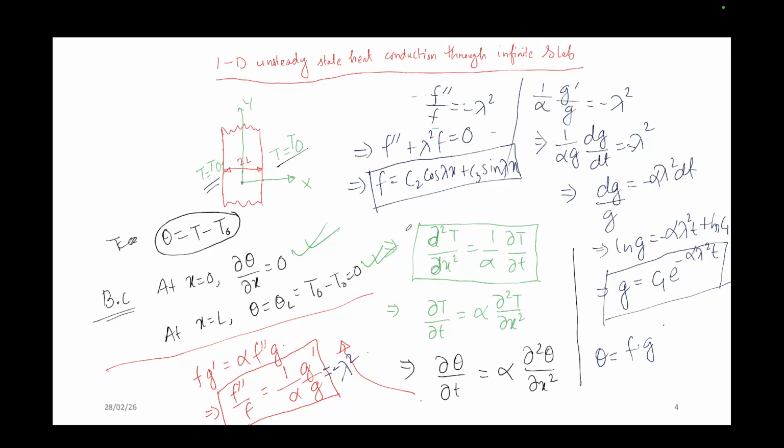So you can easily get this value, and the equation can be written as c3 sin lambda x. Also a few more boundary conditions can be provided in a given question. Based on this you can put g, which is c1 e to the power minus lambda square alpha t, into c3 sin lambda x. This is how you will get a solution.